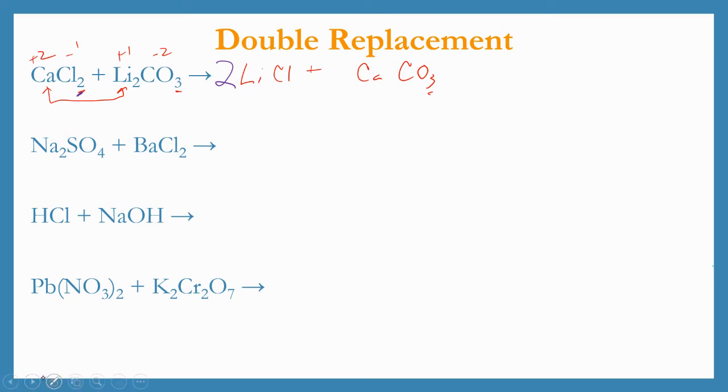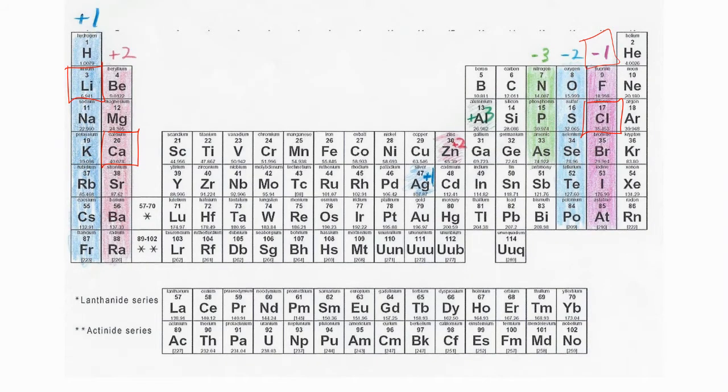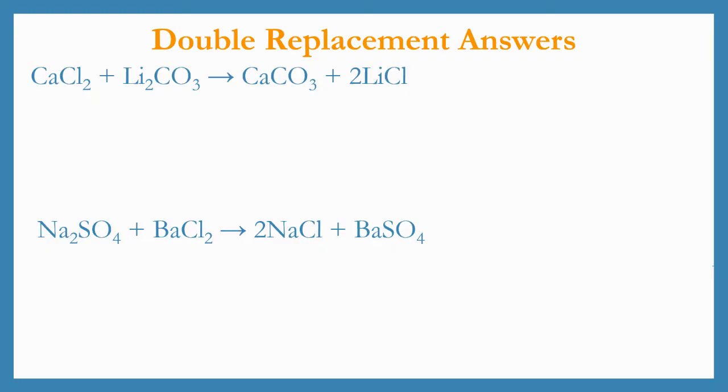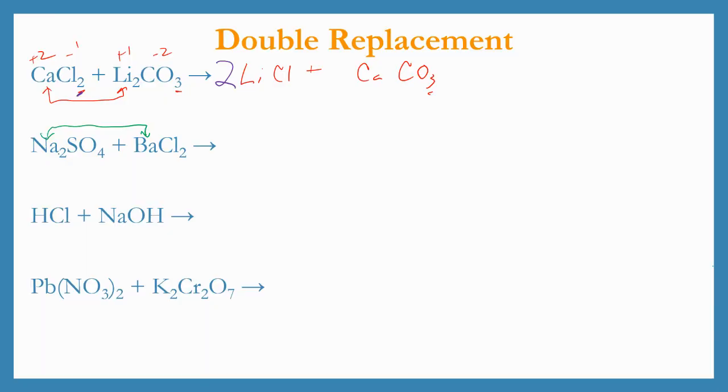All right, let's try this again. Sodium and barium are going to switch places. Barium is +2 and sodium is +1, so it's going to take 2 sodiums to replace that barium. Barium can replace 2 sodiums, I guess.